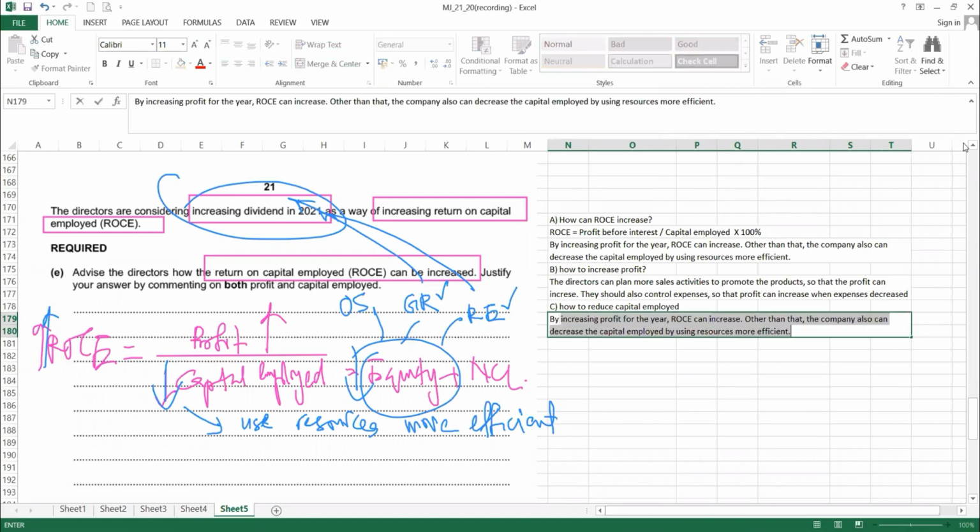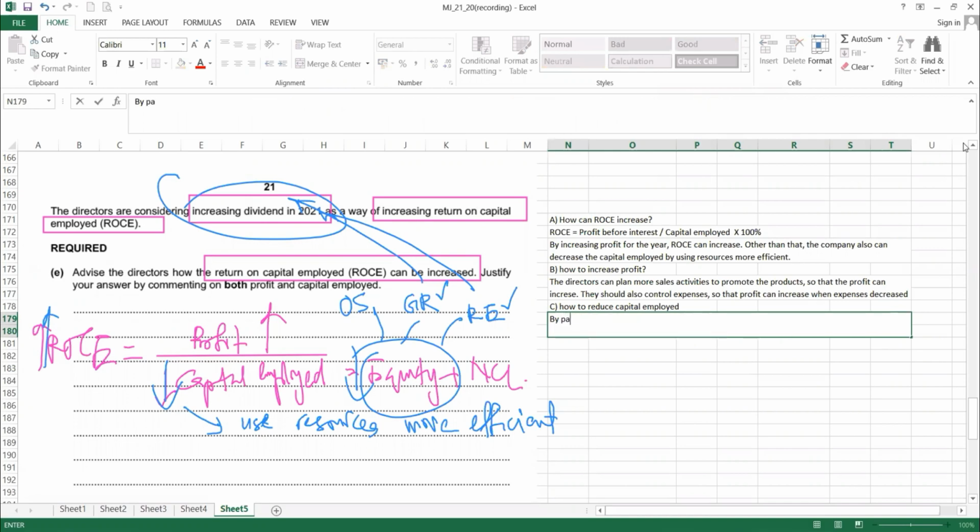So now we put in: by paying dividend through general reserve or retained earning, the equity will decrease.